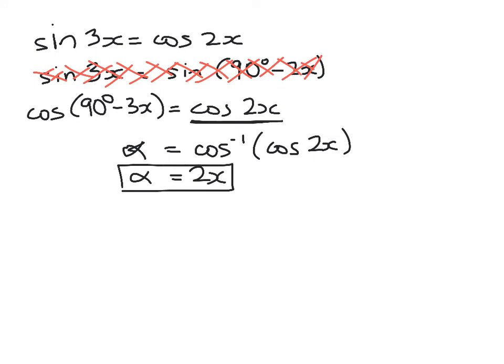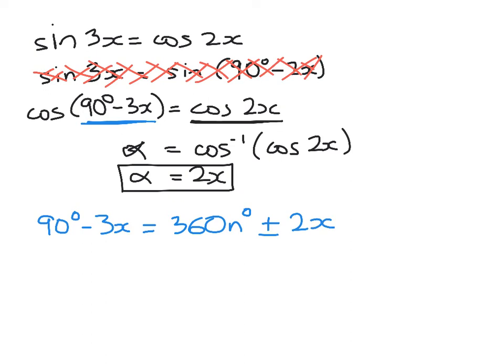So my principal value is 2x. And now, this is my general solution steps. I've got 90 degrees minus 3x is equal to, well, it's not going to be 2n pi, it's going to be 360 n degrees, plus or minus my principal value.